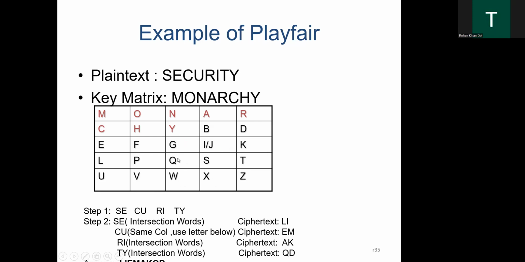So we will write the intersection letters, and the answer will become QD. So the final answer for our plain text SECURITY is LIEMAKQD. This is how we have to use this Playfair algorithm in order to find the ciphertext out of the plain text.